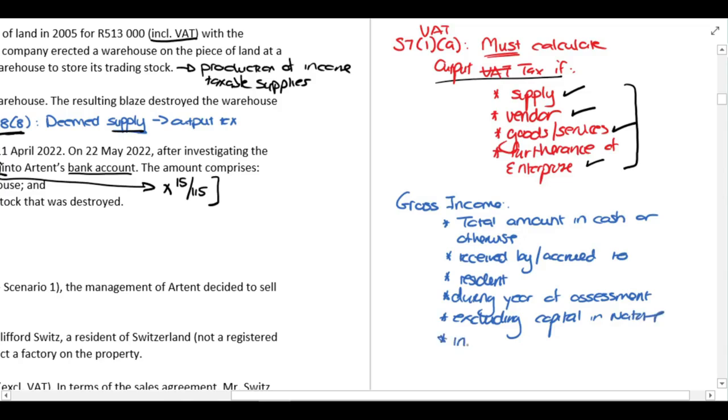I'm going to just say here, including the special inclusions. Remember, special inclusion is something you have to consider. It's also given to us in Section 1, the Section 1 definition.